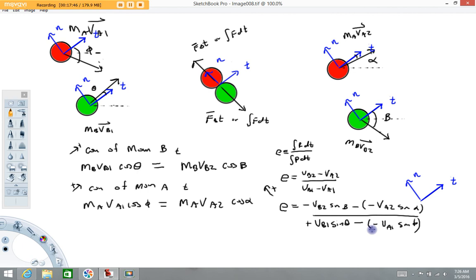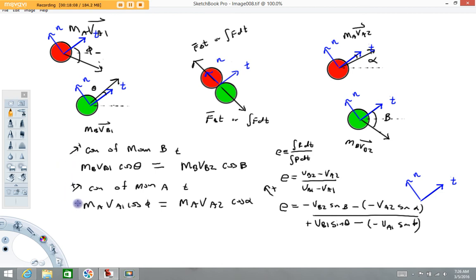So if you look at what we've done, by looking at the tangential and normal directions, based on this picture we're able to write three more equations for this problem. We can write a momentum conservation in the tangential direction for each mass individually, allowing for two more.